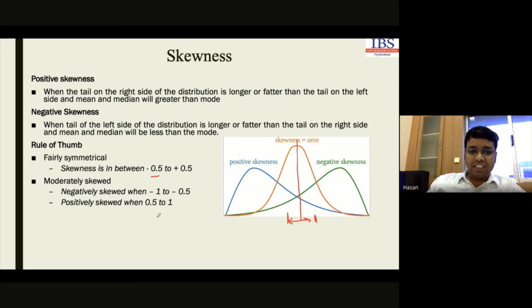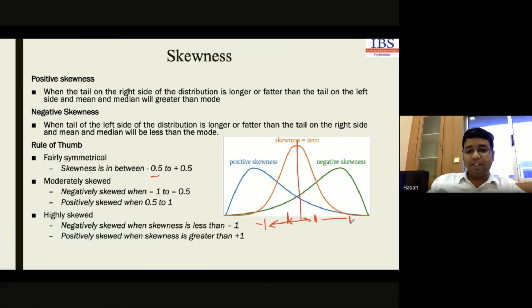If the skewness is ranging between minus 0.5 to minus 1, that means it is moderately skewed, and plus 0.5 to plus 1, it is again moderately skewed. And highly skewed means if the skewness is beyond minus 1 or beyond plus 1.